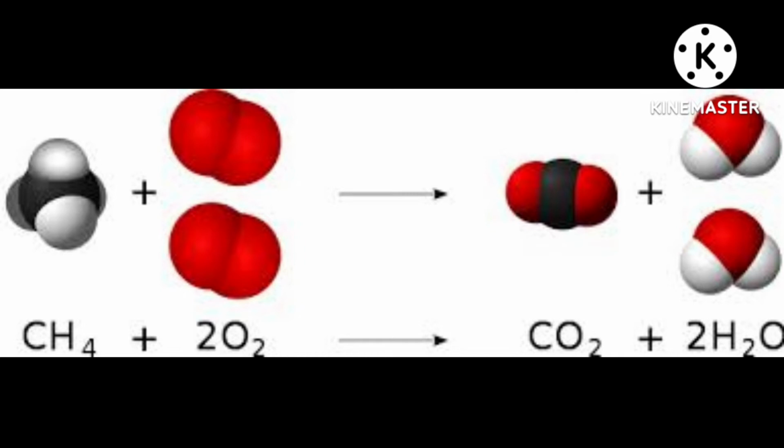The first is that 1 mole of methane, because only one CH4 is there and nothing is written, reacts with 2 moles of oxygen to give 1 mole of carbon dioxide and 2 moles of water, H2O.